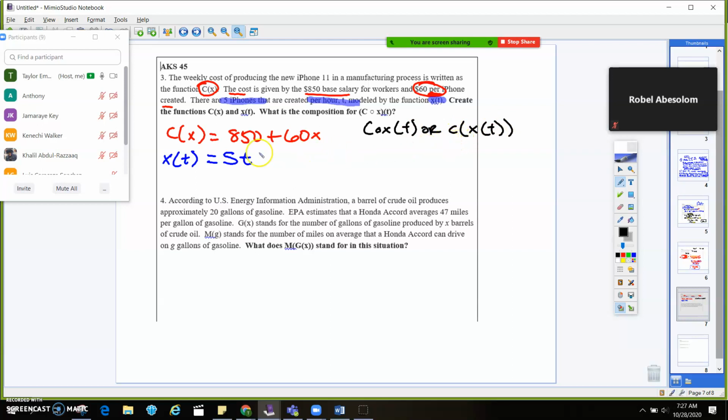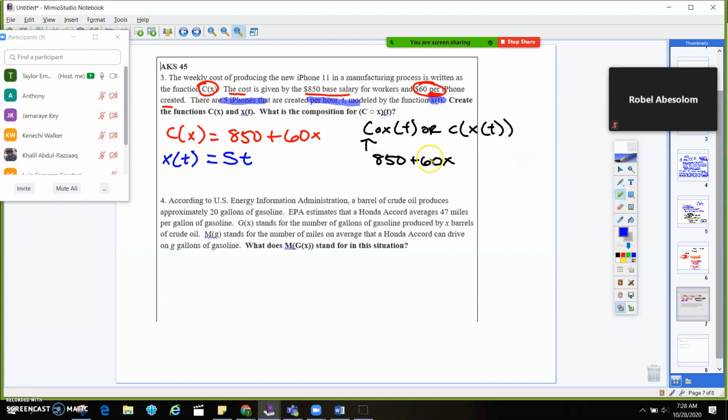The first thing that we're going to do is write out what our c is, right? And our c is 850 plus 60x. And then we're going to take x of t, which is 5t, and plug it in for x.